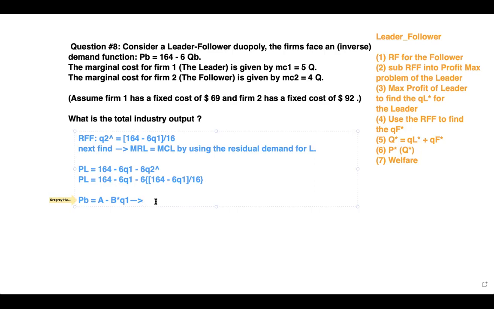Okay, and what about you, Joshua? What did you get? I got 102.5 minus 3.75 QB. Yeah, and what about Michael Barbie? 102.5 minus 3.75 Q1.